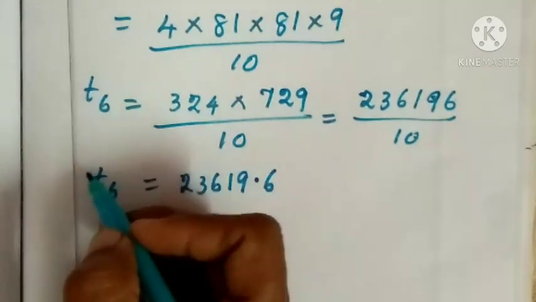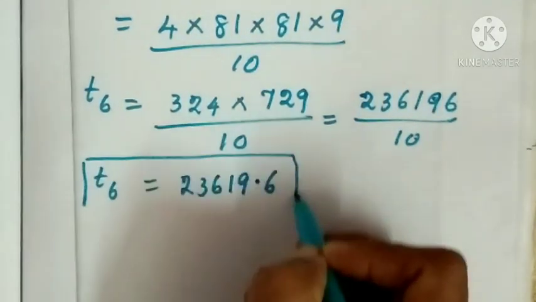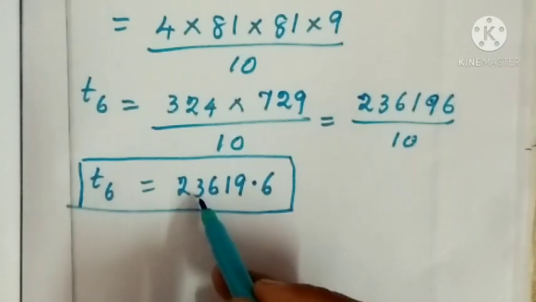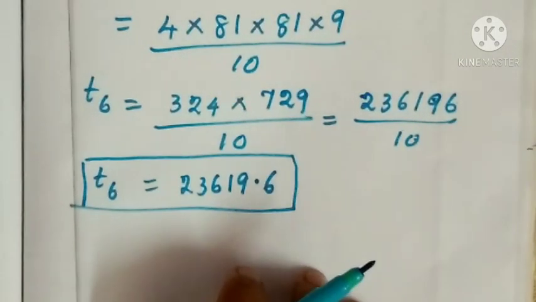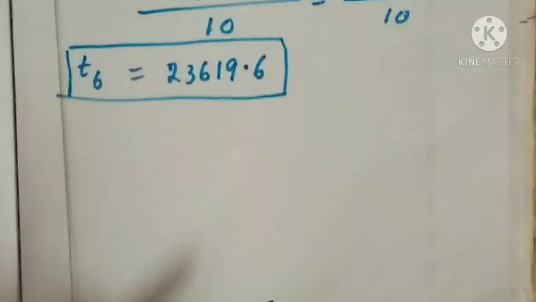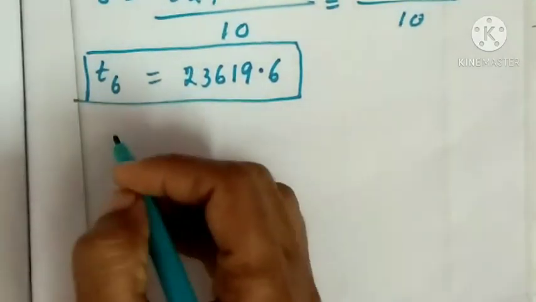Hence the value of the machine in the 6th year is 23,619.6. Now take down and write the answer.